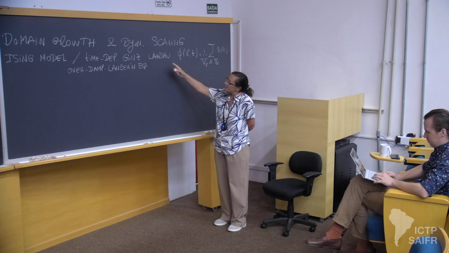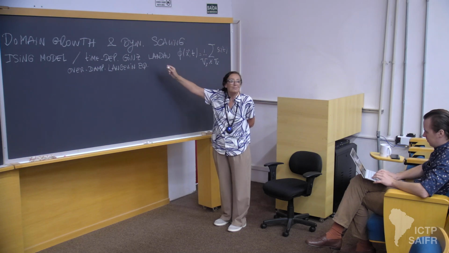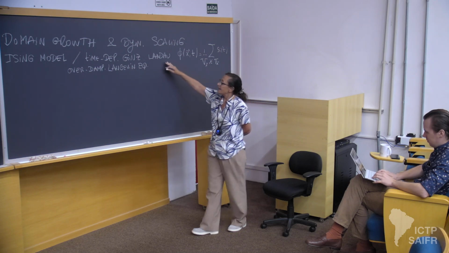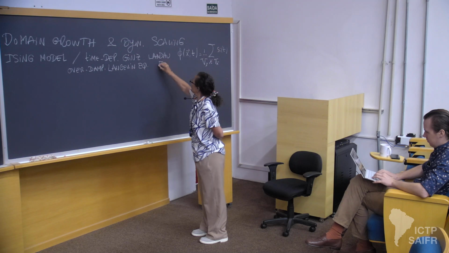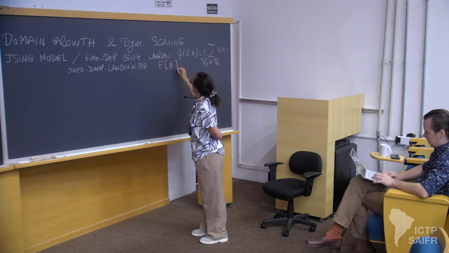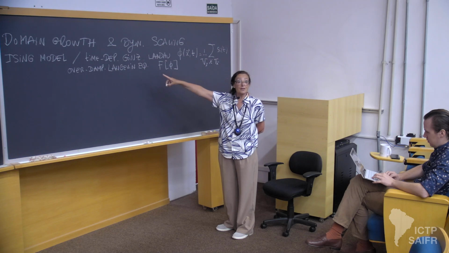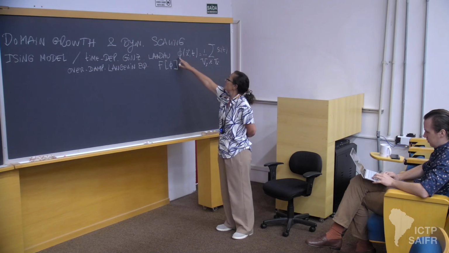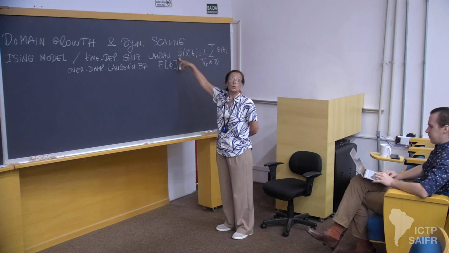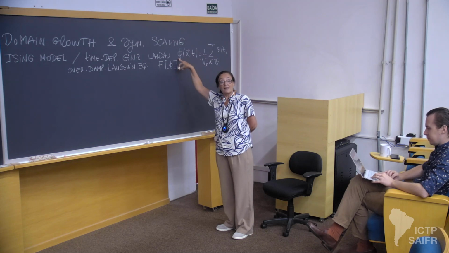And what you can propose, a la Ginzburg-Landau, I hope you know about Ginzburg-Landau, is some force, let me call it F of phi, that in the Langevin equation will favor configurations of uniform phi that correspond to the magnetization up or magnetization down.